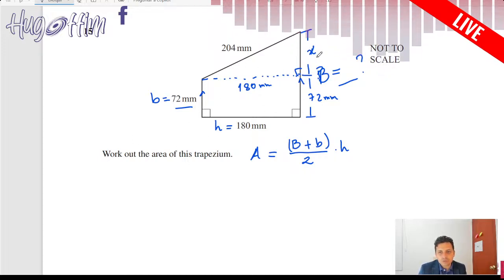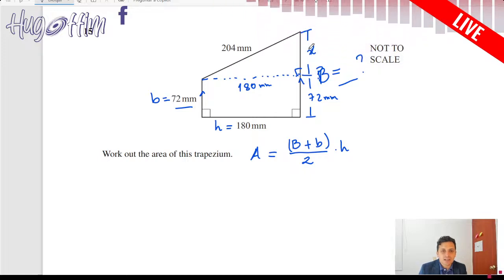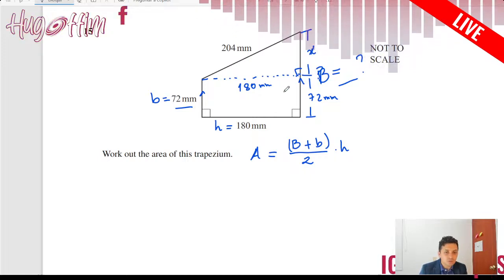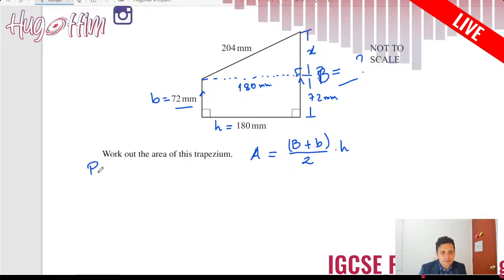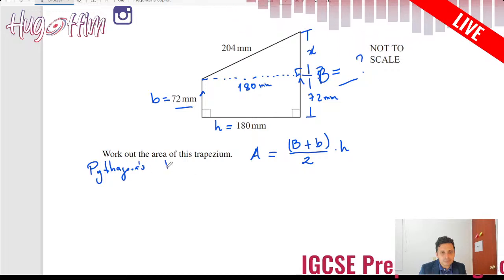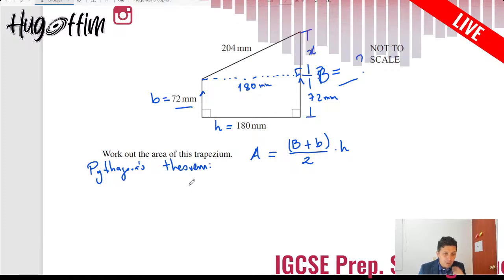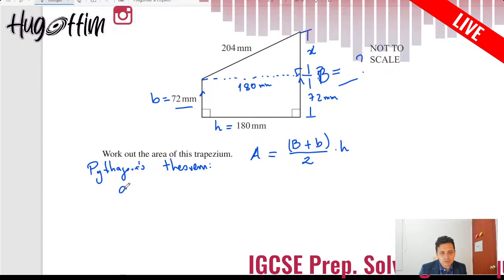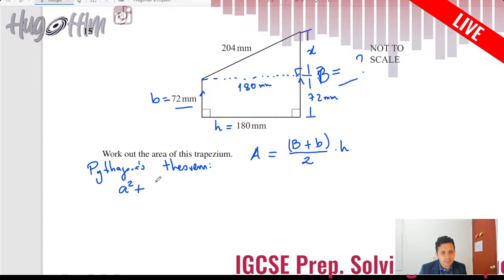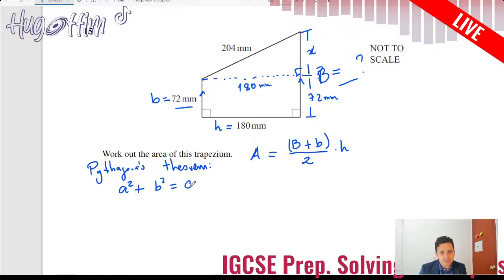So first I'm going to find this value of x, and how to find it. Now it becomes simple because you just need to apply Pythagoras theorem, because you have a right triangle here. Just remember the Pythagoras theorem: a squared plus b squared equals c squared.